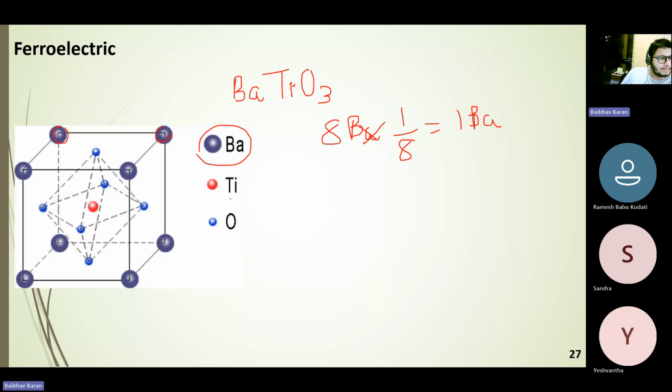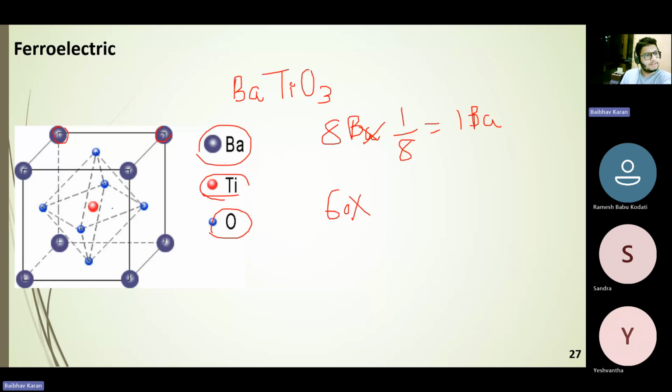Then titanium, forget about titanium for now. Let's talk about oxygen. The oxygen is present at the face centers. And what is the number of faces in a cube? Six. So there are six oxygen atoms, and each oxygen atom on the face is shared with 2 unit cells.